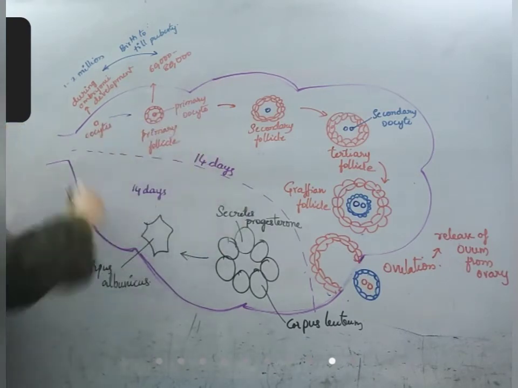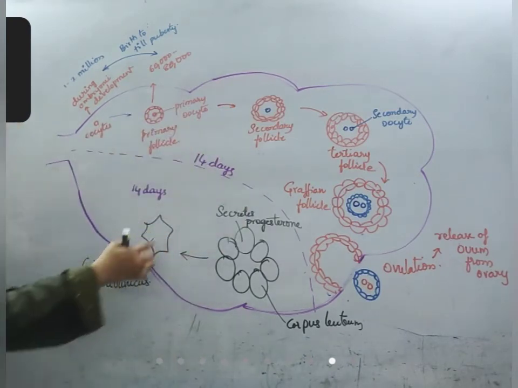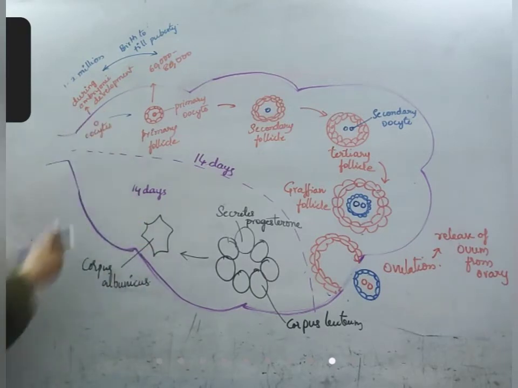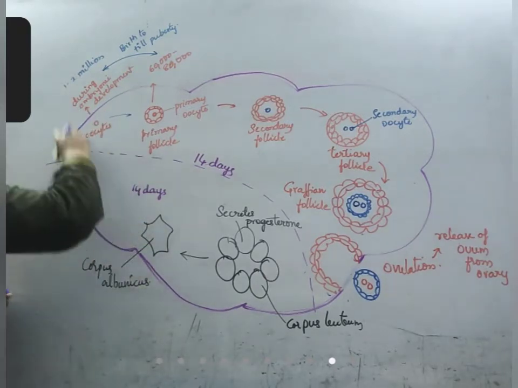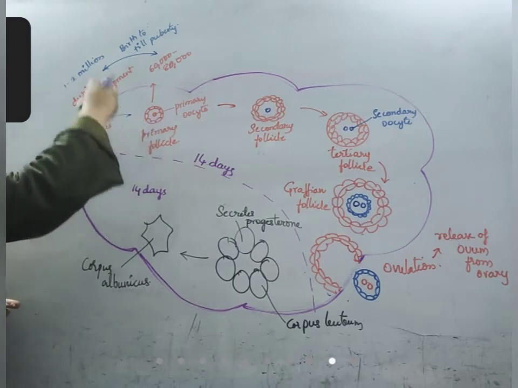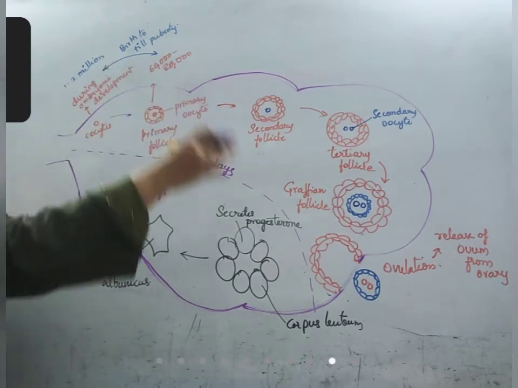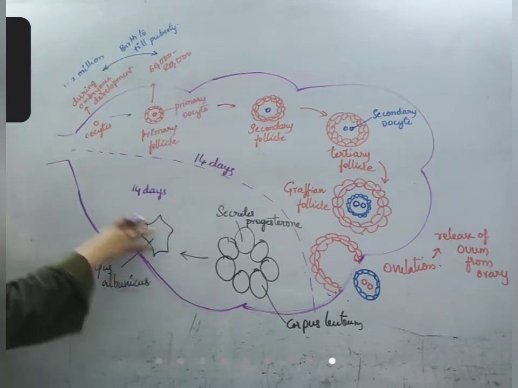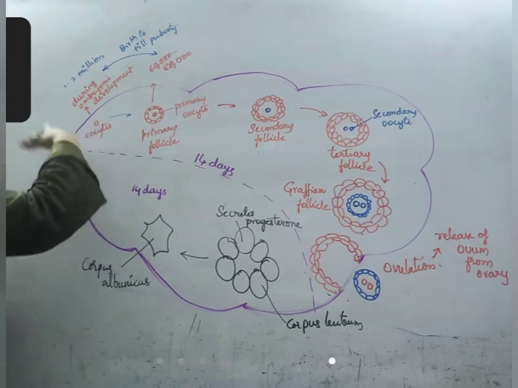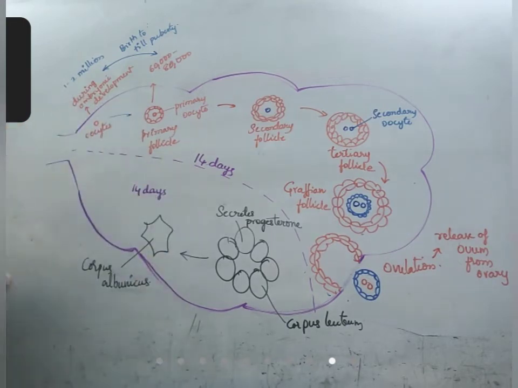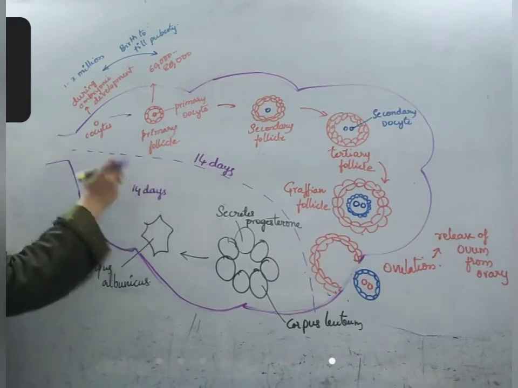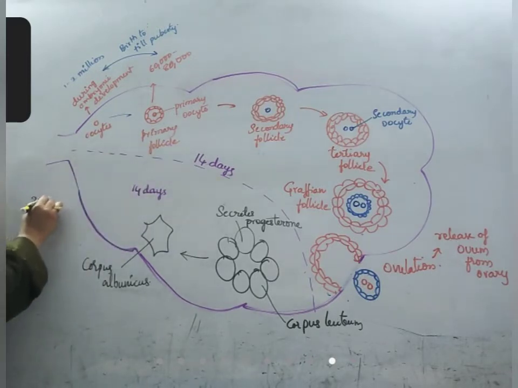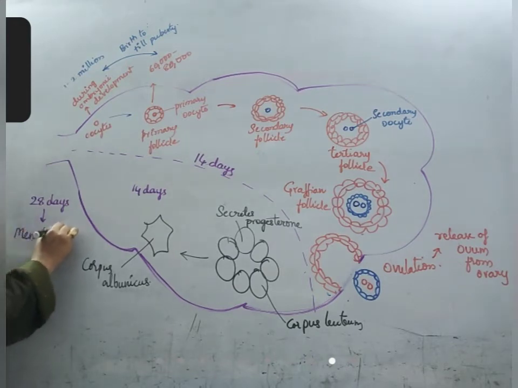And this complete cyclic event, after the corpus albicans is formed, the second oocyte, I told you 60,000 target, will convert into a primary follicle, then secondary follicle. The cycle continues. Once that is also disintegrated, the oocyte will mature. The total cycle takes 28 days to complete, and this is called the menstrual cycle. What is the menstrual cycle?